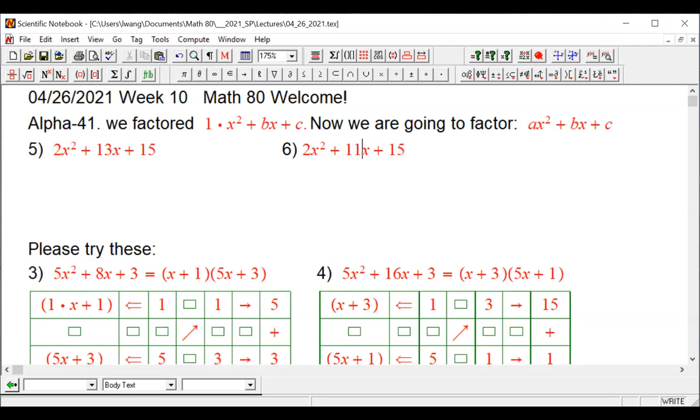Oh, I'm sorry, Alan, I mean Marcelo. Marcelo, did you find your notes and did you find alpha 41, that set of exercises? Marcelo, are you there? Two x squared plus 11x plus 15.